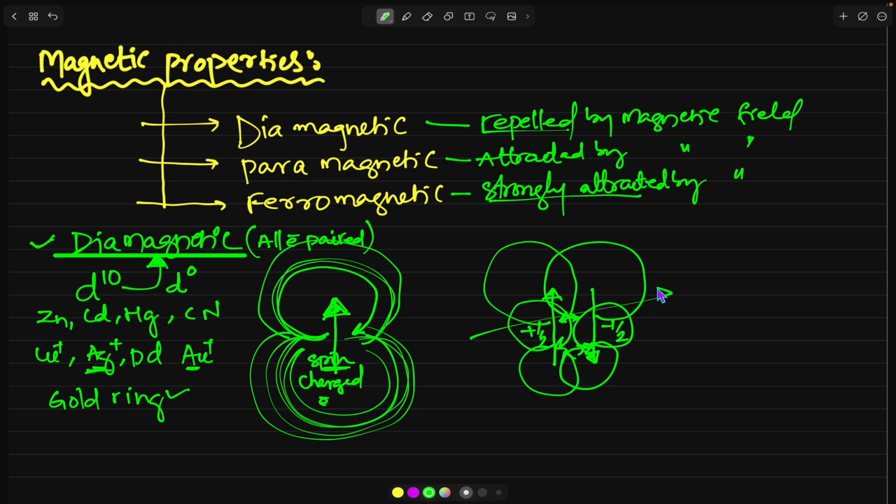That's why all of them cancel out each other. That's why they are not attracted by the magnetic substances, right? So all these are diamagnetic substances. Diamagnetic substances are repelled by the external magnetic field, right? So all you need to know is d10 configuration and d0 configuration, right?